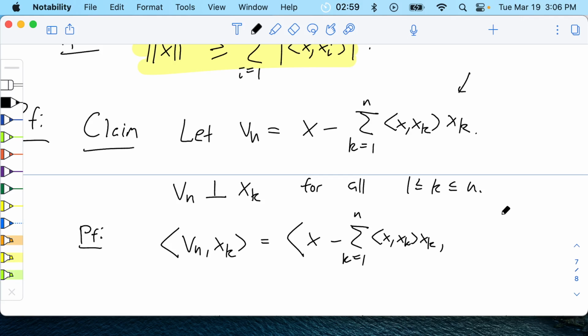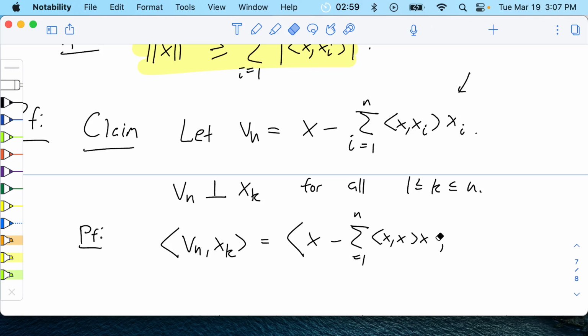But this k and that k mean different things, right? This k over here is a dummy variable. You can replace that with any letter, and it wouldn't change anything. Whereas this xk is like the k we're proving it for. So to not get confused, why don't we change this back to an i, like it was originally? And then I think things will be a little more clear.